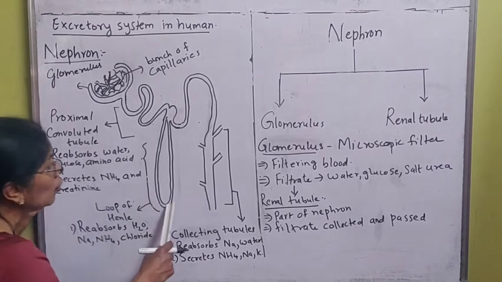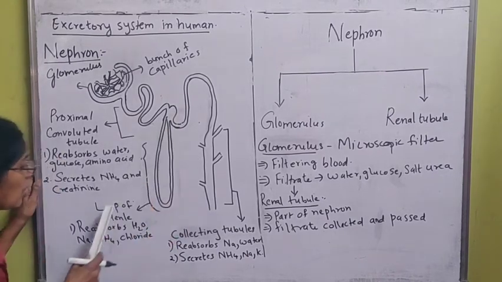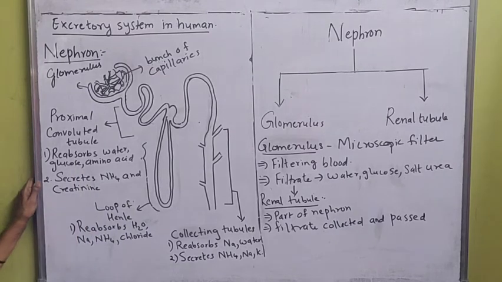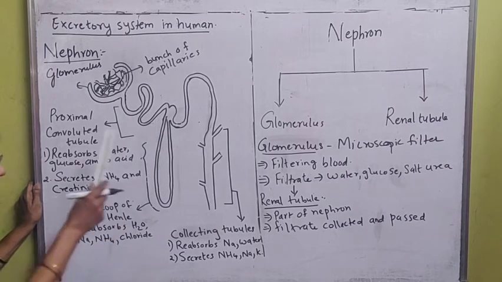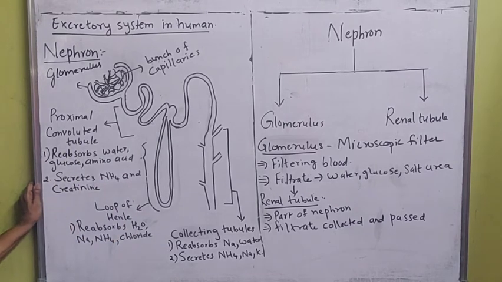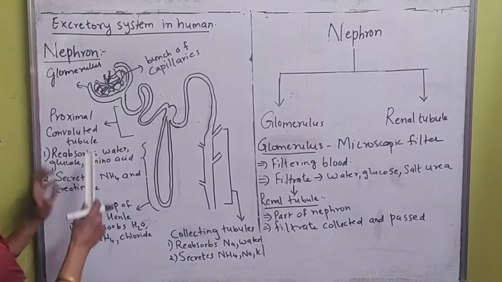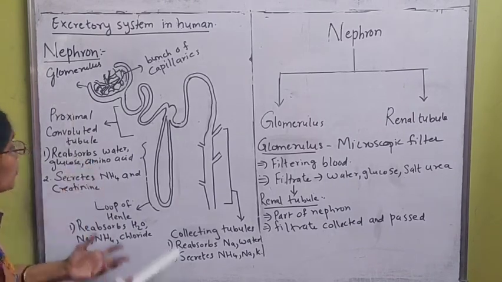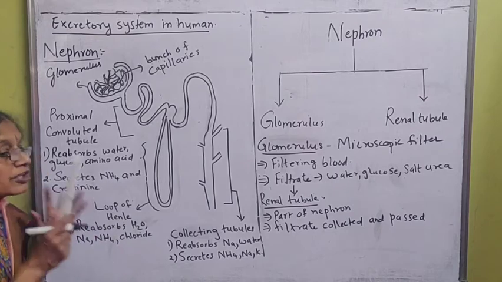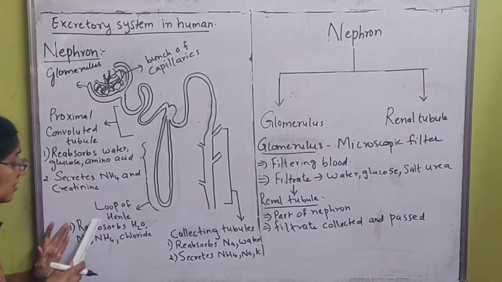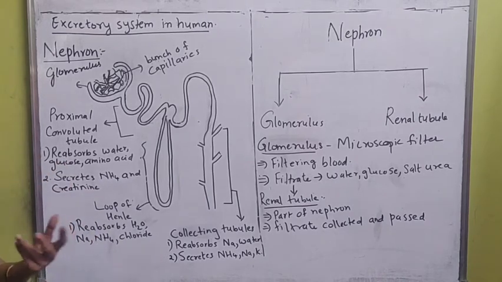Next, you can see here a loop. This loop is called the loop of Henle. It is a little bit thick walled. This part is thin walled, and this is a little thick walled, which is the loop of Henle. What will the loop of Henle do? Some of the water left out, which could not be absorbed by the proximal convoluted tubule, the loop of Henle will reabsorb.